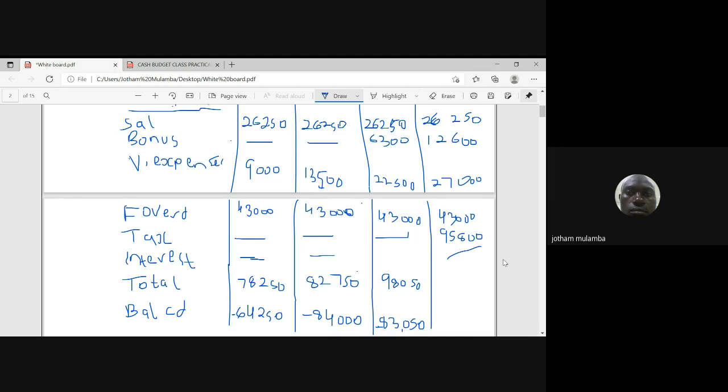Somebody to read for us the additional information on interest, point number 5. Farmco company pays interest every 3 months on a loan of 200,000 at a rate of 6% per year.